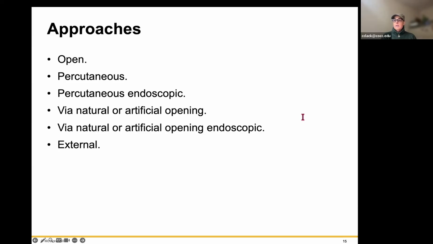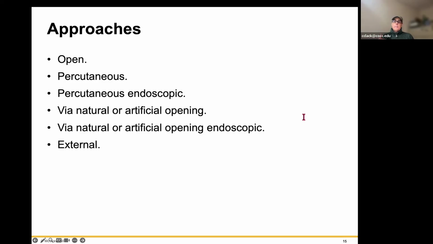Via natural or artificial opening is entry through the vagina and the cervix, the natural opening. Endoscopic is entry through an artificial opening with an endoscope. External is performed on an external site with no entry into the body. I want you to get in the habit of deciding approach by identifying if this was an incision versus puncture versus natural opening, scope, no scope, and then you can go to the table.